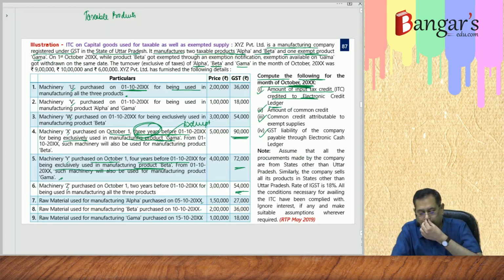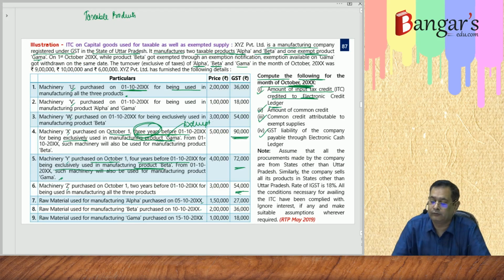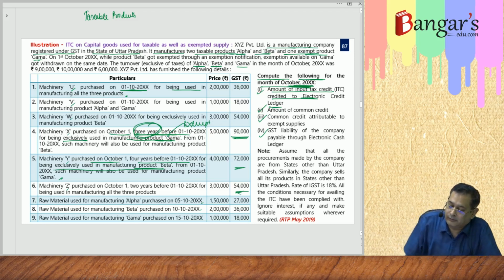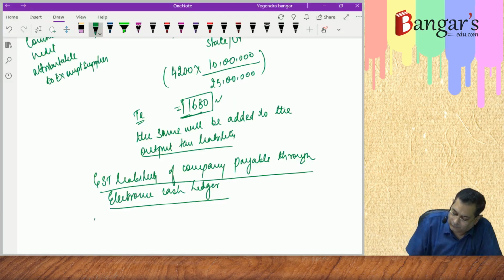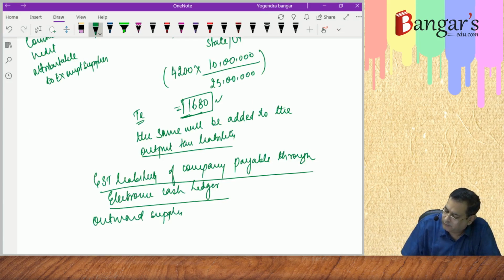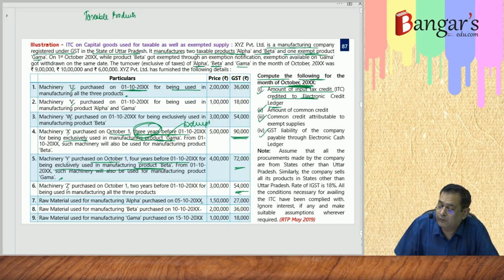So the first one is the value of taxable supplies of alpha, outward supply. The value of alpha is 9 lakh rupees.